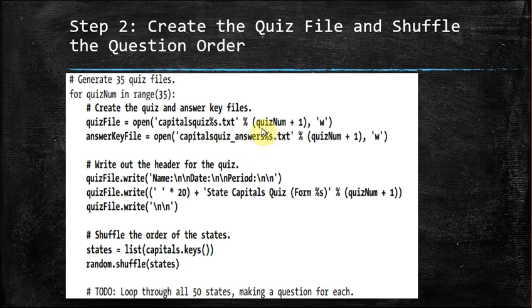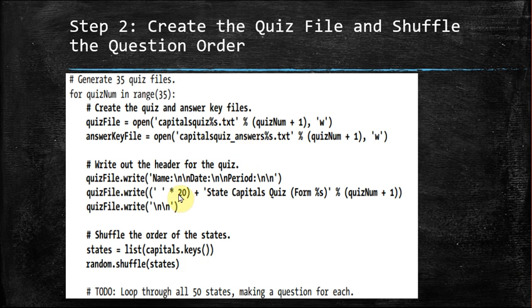How did we get that? We got it through this. Quiz number initially will be 0, 0 plus 1 is 1. So we are opening this particular file in write mode. Similarly, this also in write mode. We are opening the two files in write mode. Okay, so that is about your quiz file.